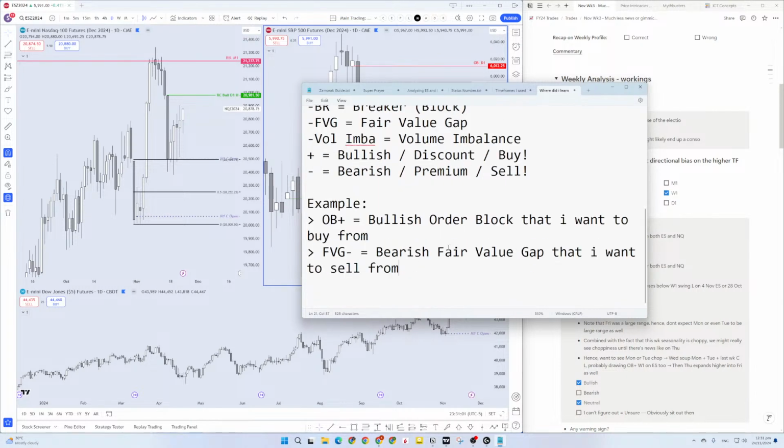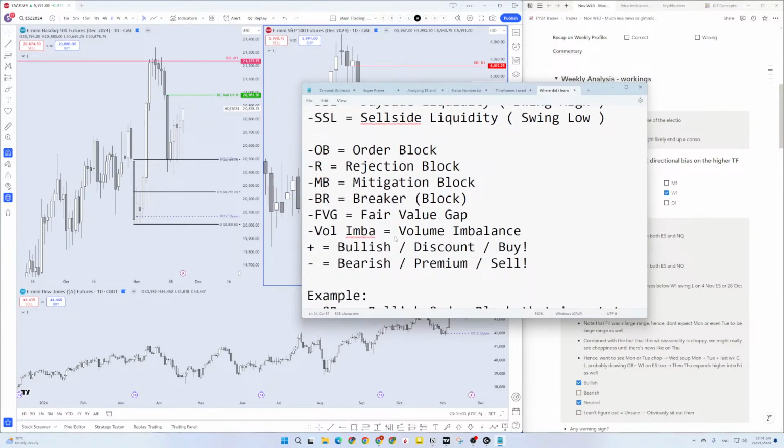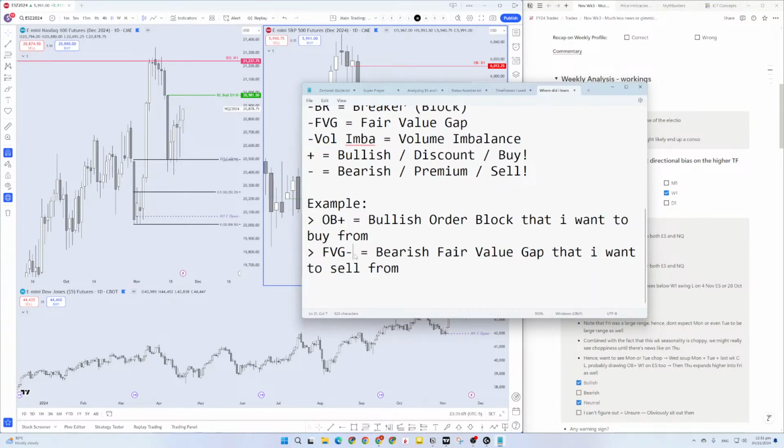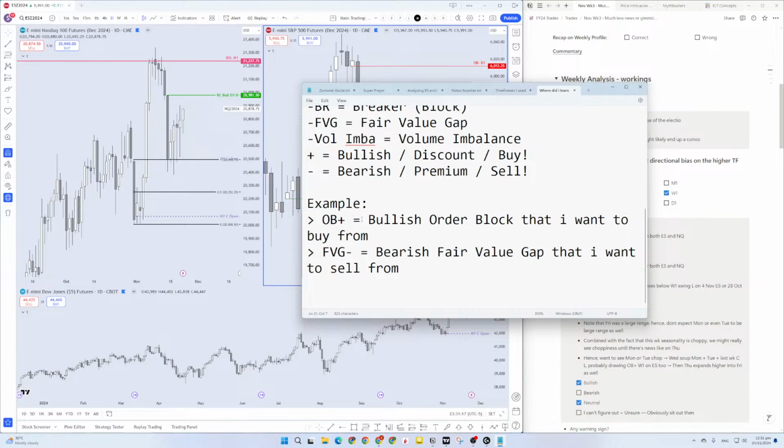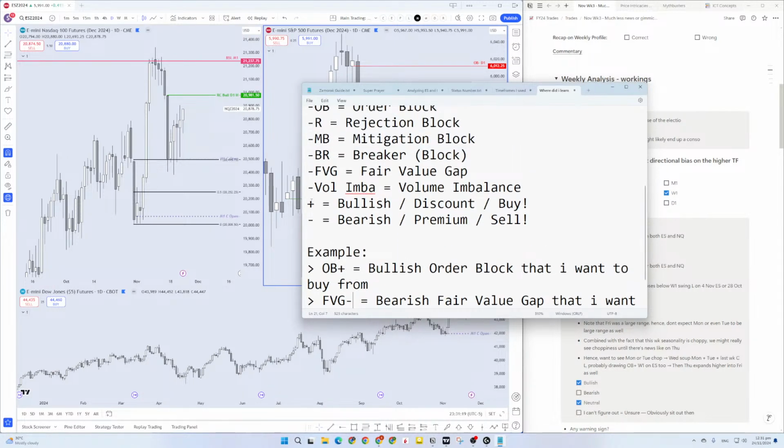If you think of it this way, if you've got a plus and a minus, technically speaking, if price ever travels from a plus, which is a lower price, to one of these higher PD arrays, I'm actually looking to sell there. So I bought at a plus level and I want to sell at a minus level.